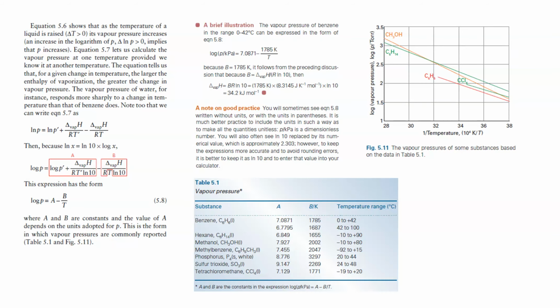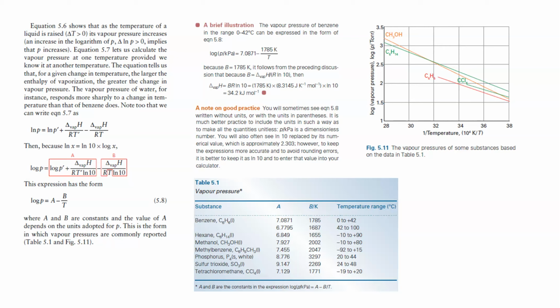Equation 5.6 shows us that the temperature of a liquid is raised as vapor pressure increases. Equation 5.7 lets us calculate the vapor pressure at one temperature provided we know it at another temperature.